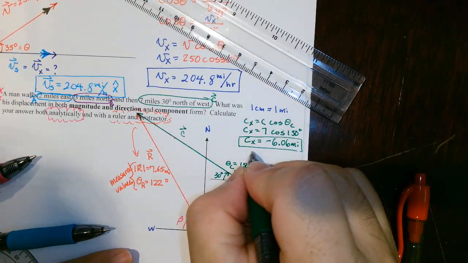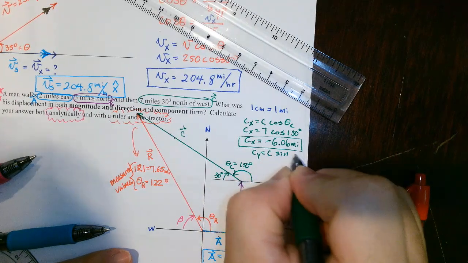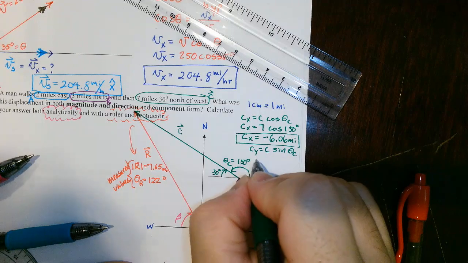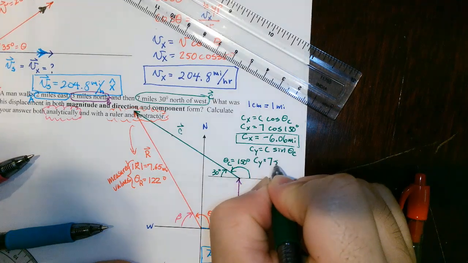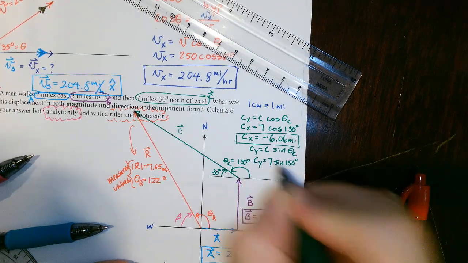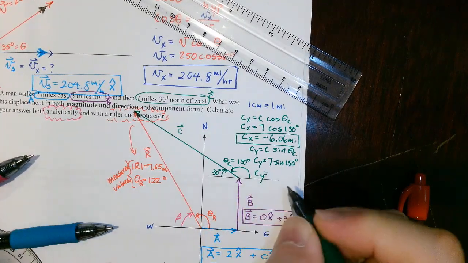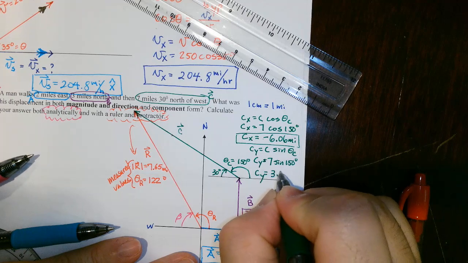Then for Cy, Cy is C times sine of theta C. My Cy is 7 times sine of 150. So my Cy comes to 3.5 miles.